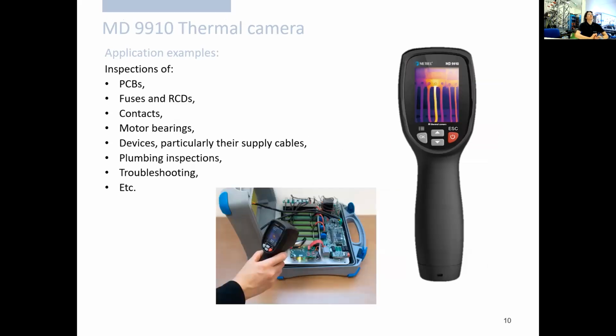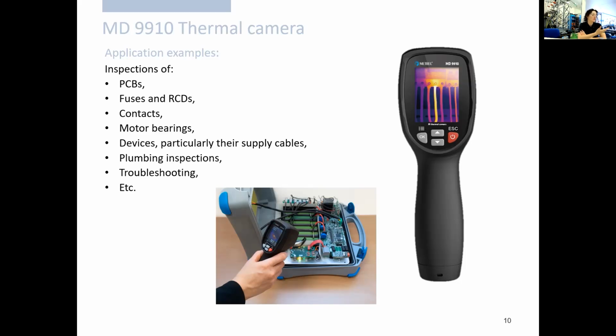But first, let's look at the applications. Here are some examples, and you will notice that they are all somewhat small things. This is because the camera with smallish resolution has trouble looking at, let's say, a larger scene, so that everything would remain clear.